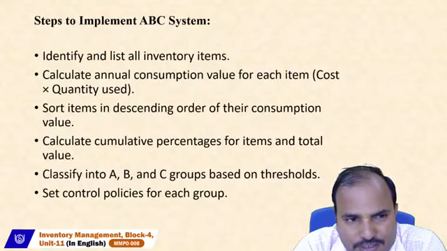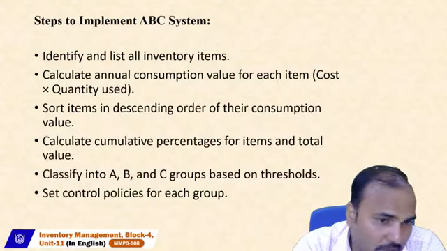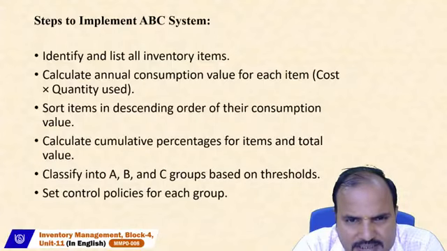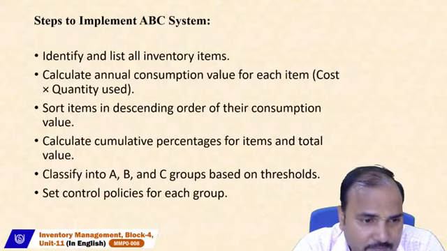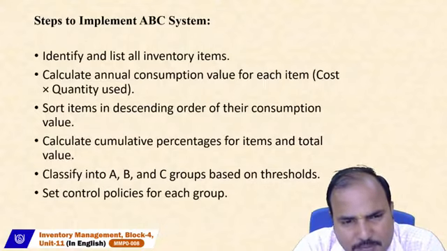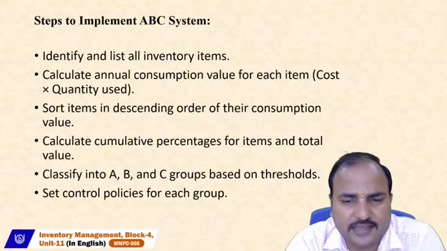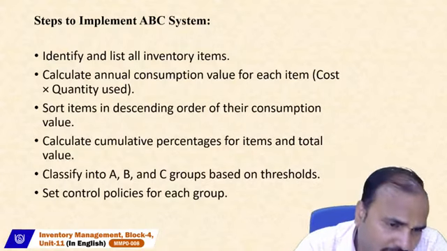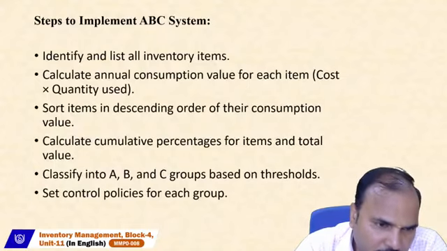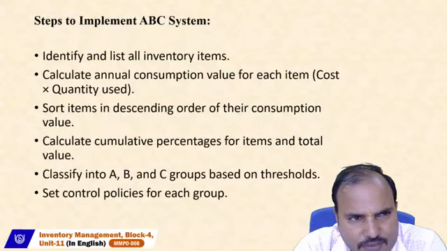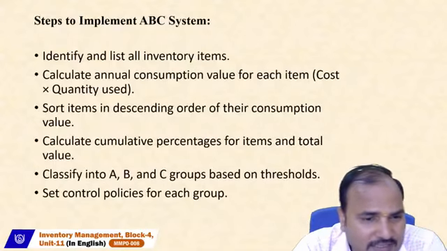Then calculate the cumulative percentage of items and total value. After that, classify into A, B, and C groups based on thresholds. After that, set a control policy for each group: for A category, B category, and C category.